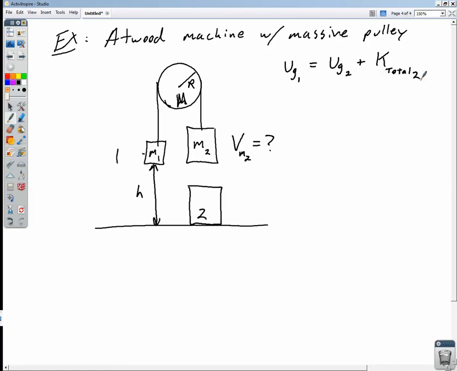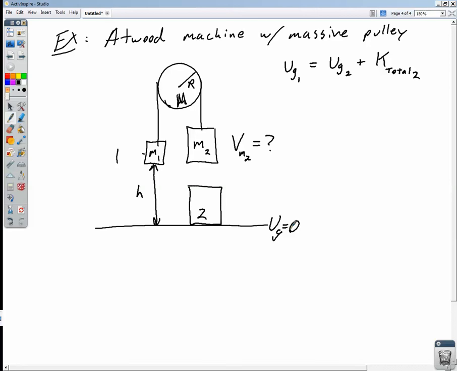And M1 is going to go higher, so his gravitational potential is going to increase, M2 is going to go lower, his gravitational potential is going to decrease, and we'll call this point at the ground our 0 point of gravitational potential. And just briefly, we don't need to consider the gravitational potential of the pulley because it's not changing at all. It's fixed in place.